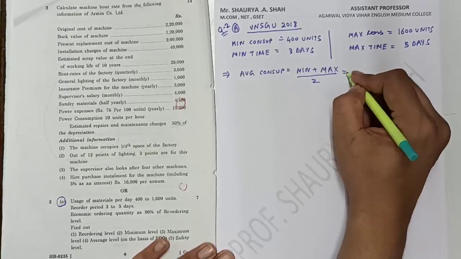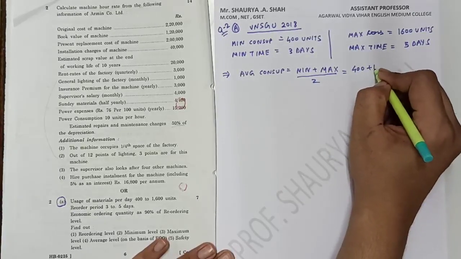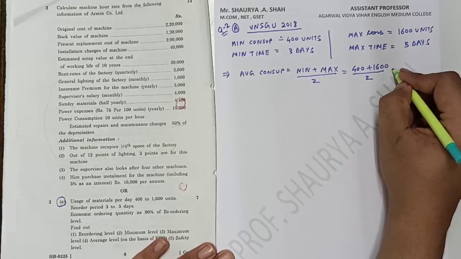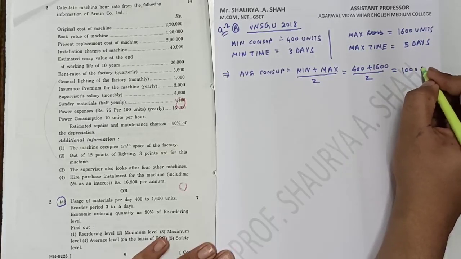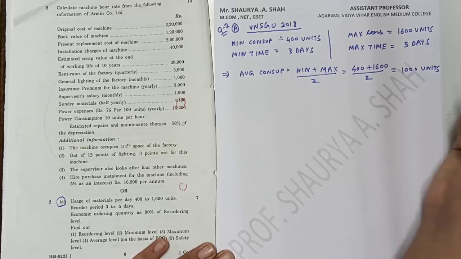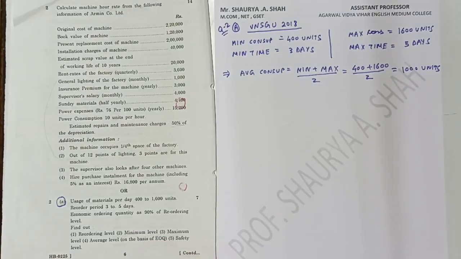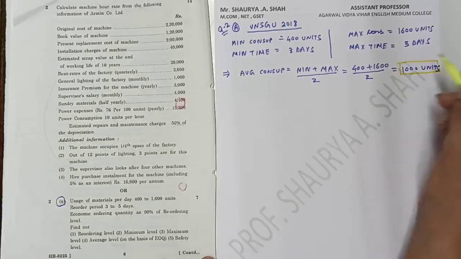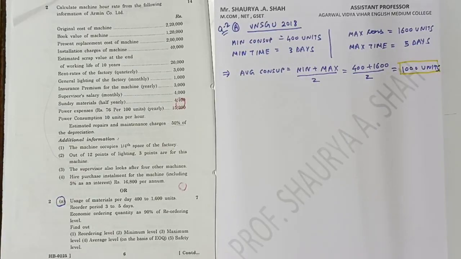So what is my minimum? 400. What is my maximum? 1600 divided by 2. It gives me the answer of 1000 units, right? What is this 1000 units? This is my average consumption. This will be helpful somewhere to me in the formulas. So always make a habit of keeping the particulars or the data ready with you.